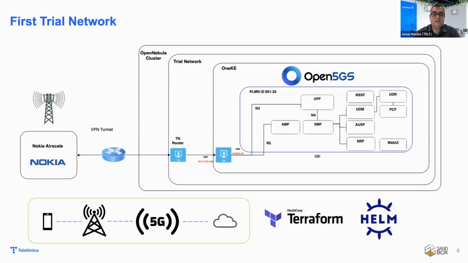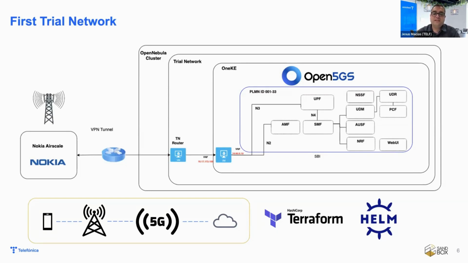And the fourth step is, again, we use Ansible to configure a mobile subscription inside the database of the 5G core. So the mobile terminal is able to attach to the radio interface and create a tunnel with the core to start surfing the internet. To have this demo ready, we have deployed more than 100 OneKE clusters, and we have tested several CNIs until we found the one that best suits our requirements.